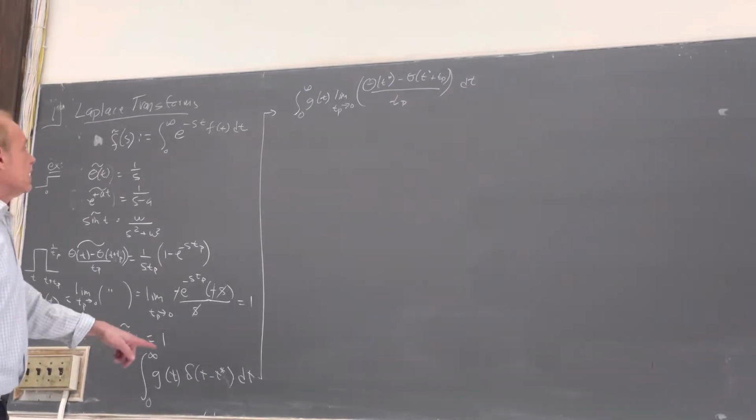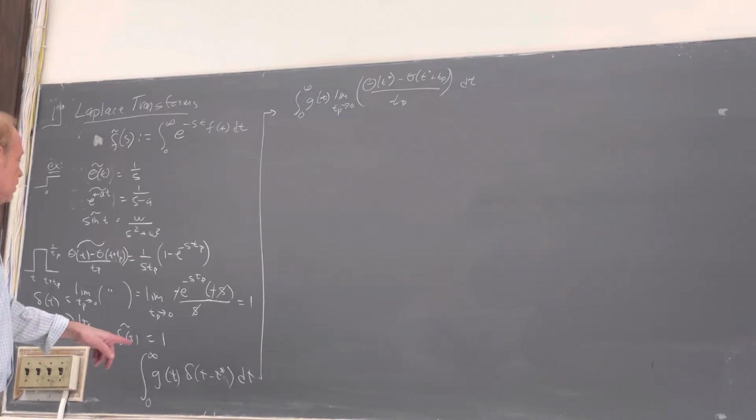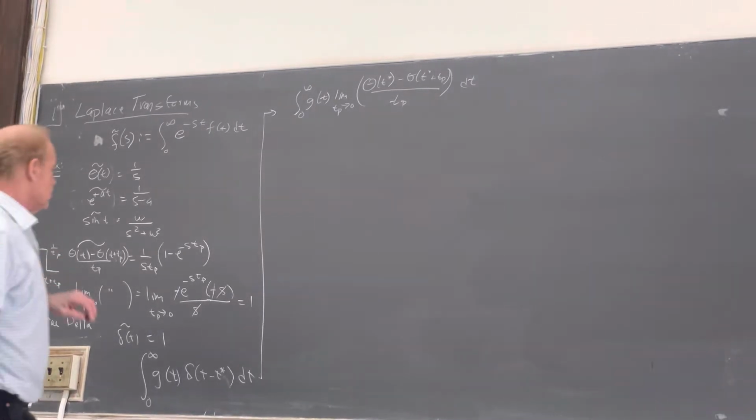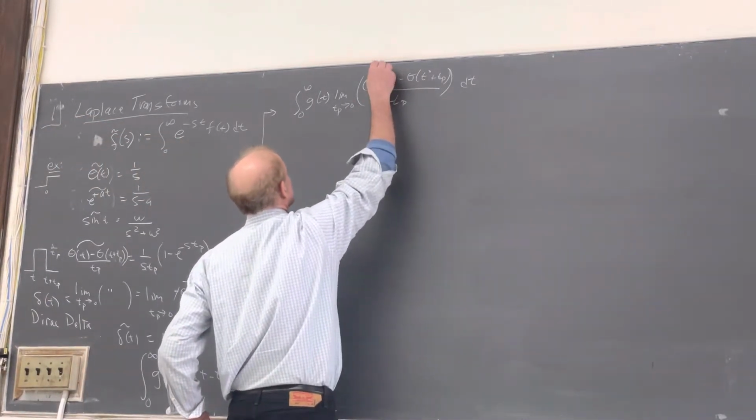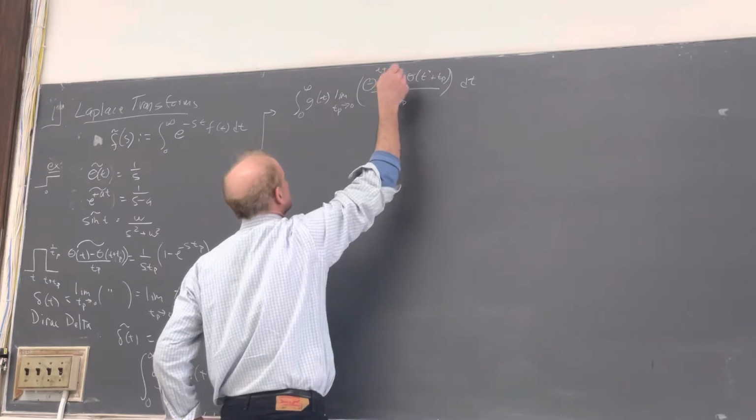Let's see, t minus t star. No, that's not right. I need this to be a function of t. So, t, yeah, t plus t star. Let's rewrite it.